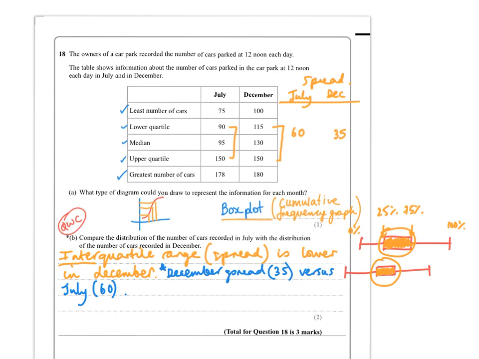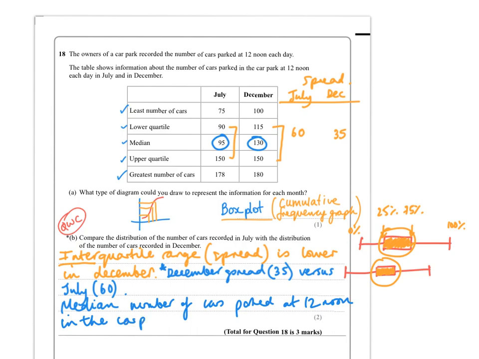I know it's in the grid already, but just say the median number of cars parked at 12 noon in the car park was lower in July, i.e. December 130 versus July 95.